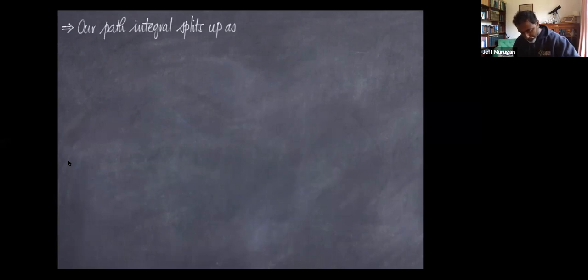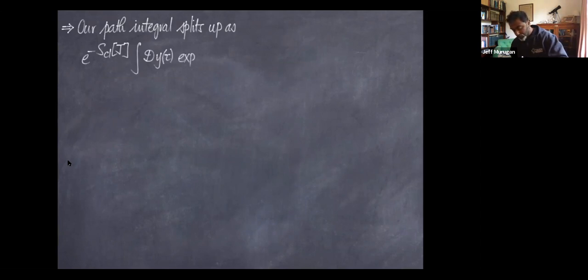One part is just e to the minus S classical of j, which I pull out of the path integral, times the path integral with respect to y of tau of the following. It's e to the minus integral with respect to tau of a half m y dot squared plus a half m omega squared y squared.